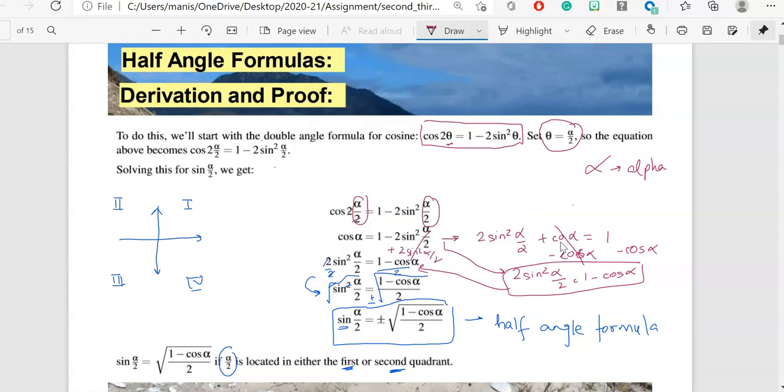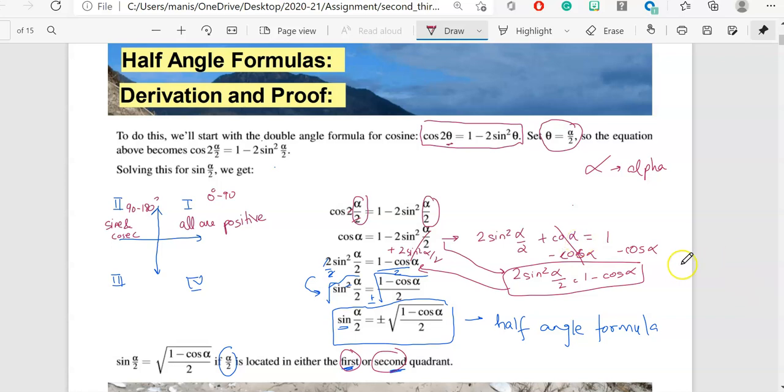In the first quadrant, all the trigonometric ratios are positive: sine, cosine, tangent, cosecant, secant, and cotangent. But between 90 to 180 degrees, only sine and cosecant are positive. So in this 0 to 90 degree first quadrant, sine is positive. That's why if alpha over 2 is in the first or second quadrant, sine is positive. So we got this one.